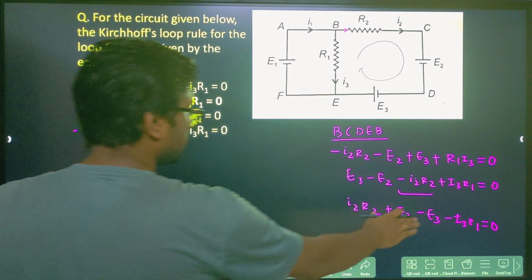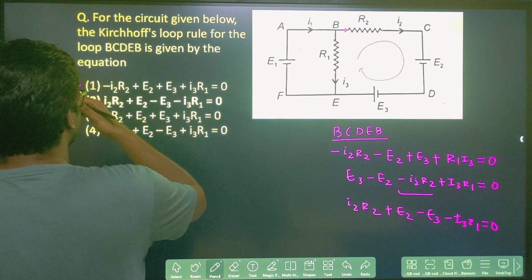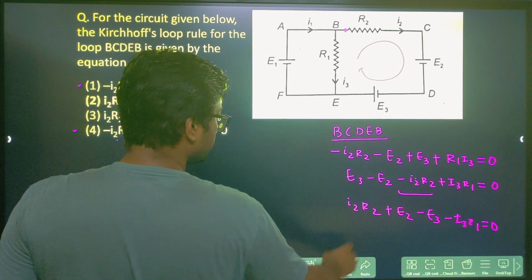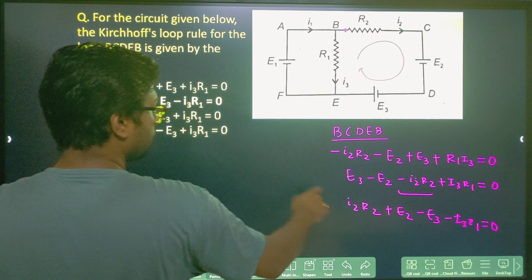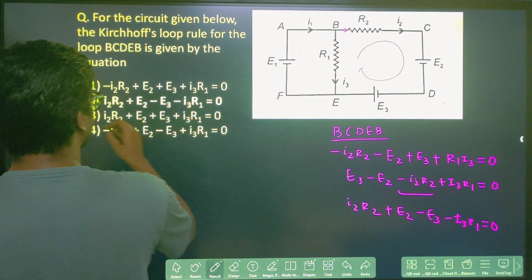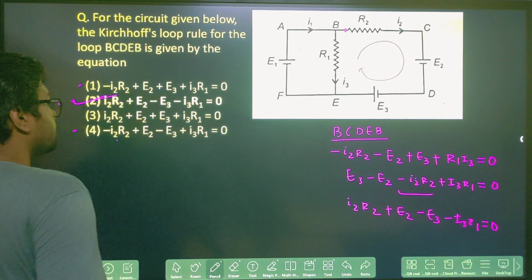You just check which option it is matching: I2 R2 plus E2 minus E3 minus I3 R1. So option number 2 will be correct here.